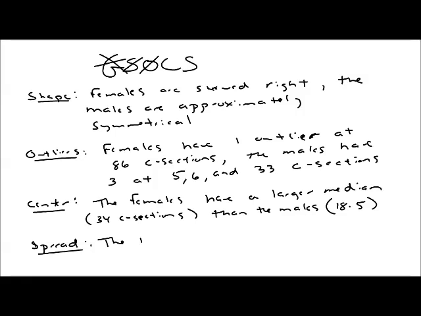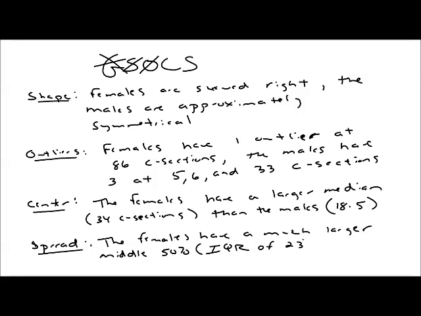So the females have a much larger middle 50%, IQR of 23, than the males, IQR of 6.